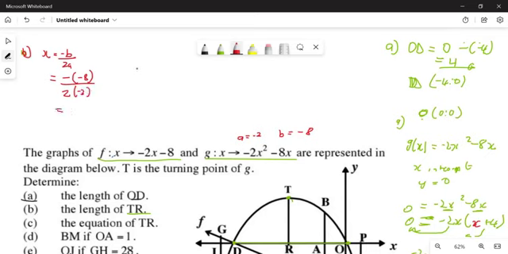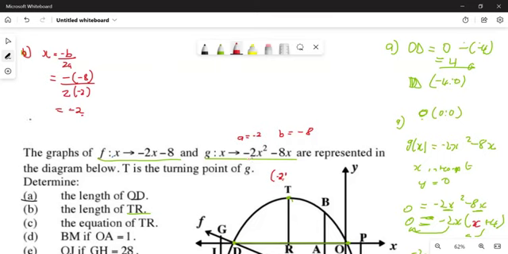And then what did you get for this one here? Minus 2. You got minus 2. Now that you got the x value, it's minus 2. What are you going to do next? I'm going to substitute it in the formula. So you take this minus 2 and put it in G of x.